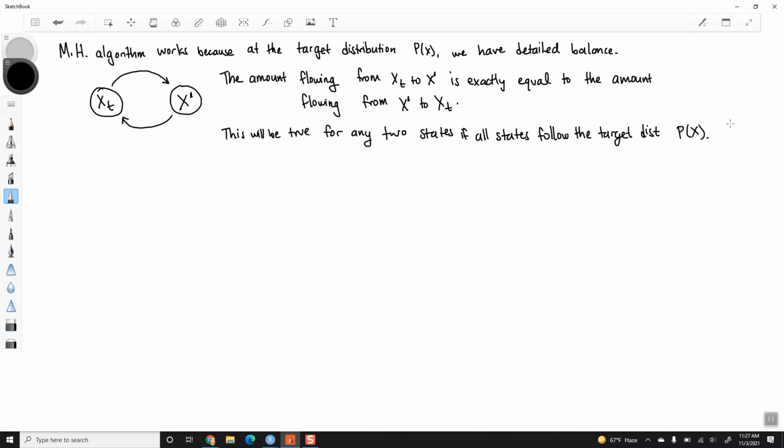Okay, so everything follows this target distribution that we want to achieve. Once we have this probability laid out, then we will have detailed balance. By definition, the probability of X is the probability of being in state X in the target distribution.